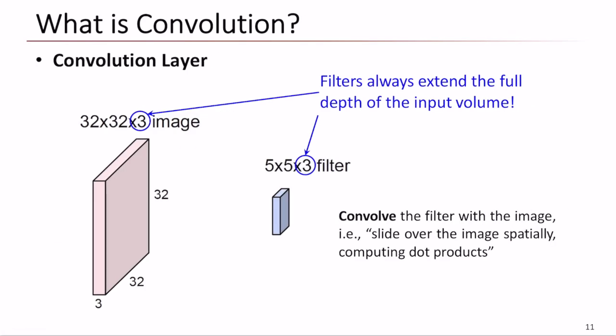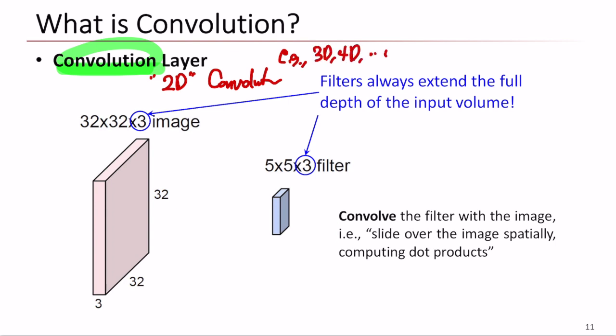So one more thing is that in image processing, computer vision, the convolution layer means the 2D convolution layer. Of course, there are higher dimensional convolutions, let's say 3D, 4D, something like this. But in general, we will talk about the 2D convolution layer. In this case, filters always extend to the full depth of the input volume. What does it mean?